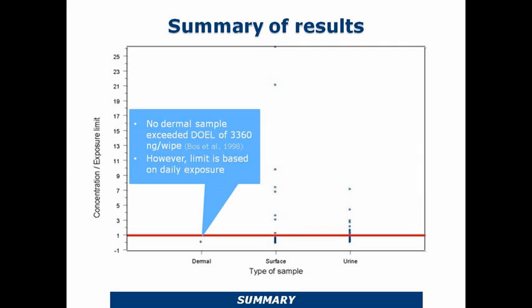In terms of the dermal wipes, none of the samples exceeded this DOEL, which is a dermal occupational exposure limit of 3,360 nanograms per wipe. However, this is based on the daily exposure, and we again did cross-sectional sampling, so we only did it at a point in time. So again, we don't know whether or not it's possible to exceed this particular threshold level.